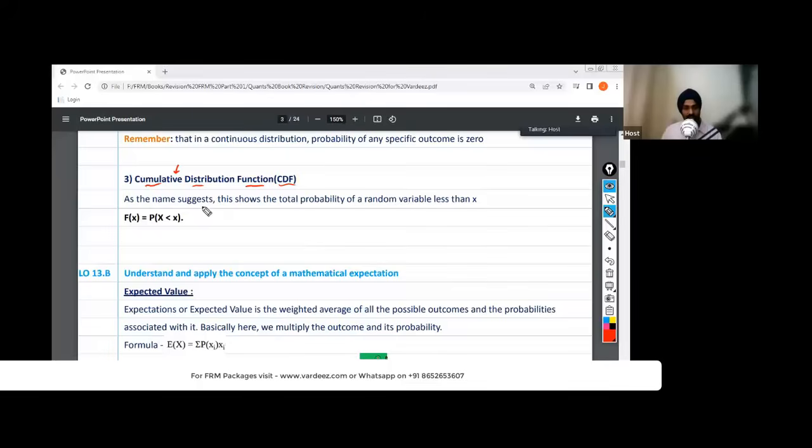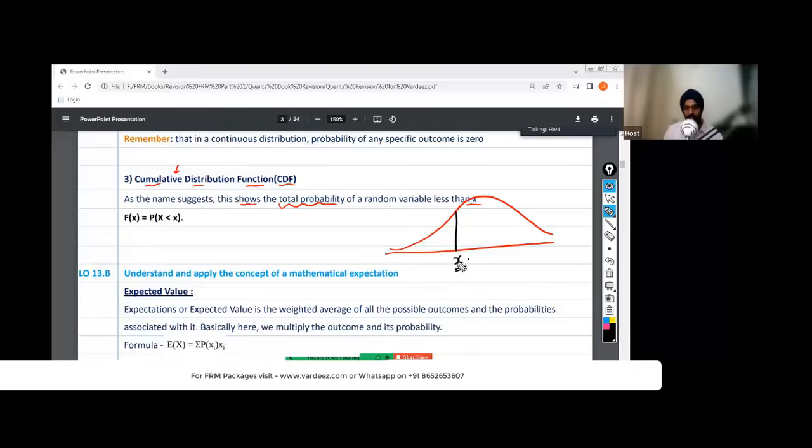It shows the total probability of a random variable being less than X. If this is X, I want to find the total probability that this random variable X can be less than or equal to this particular value.